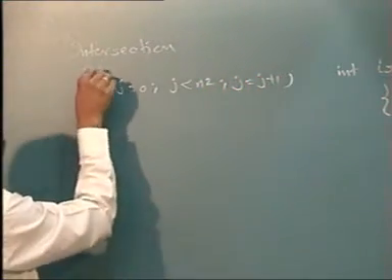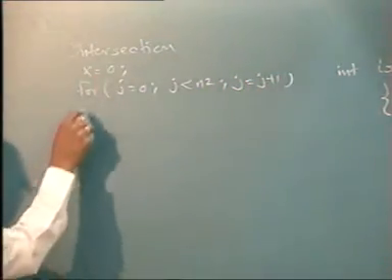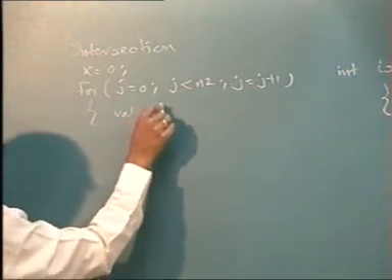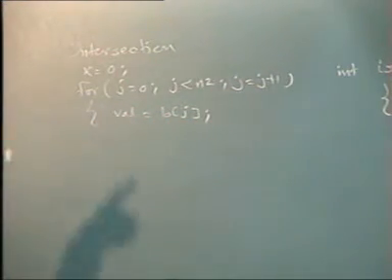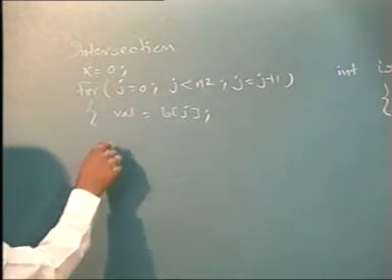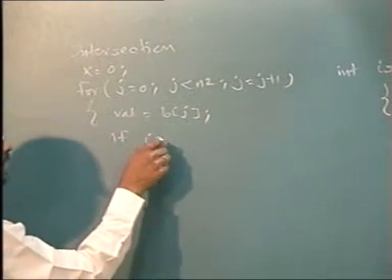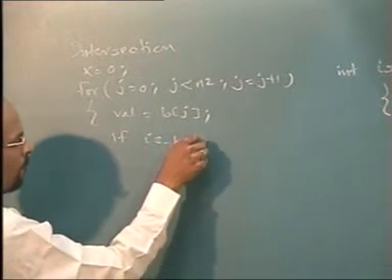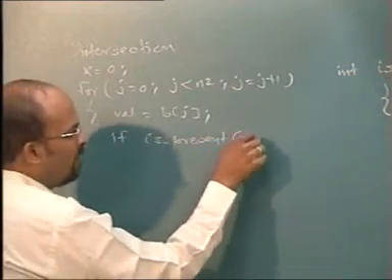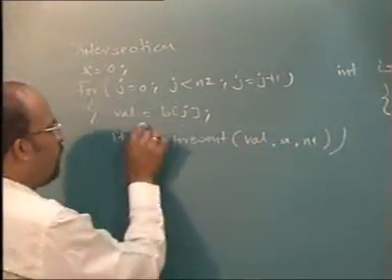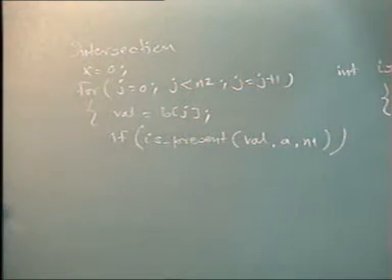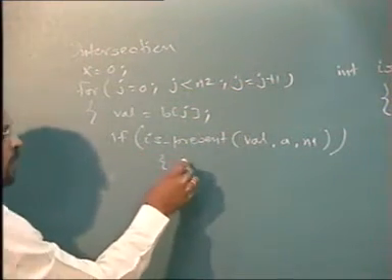It was the same code. I will say val is equal to b of j, जो मैंने अभी लिख के दिया था आपको. But instead of having this block over there, I will simply check if is present val in A having n1 elements. So if is present, copy.